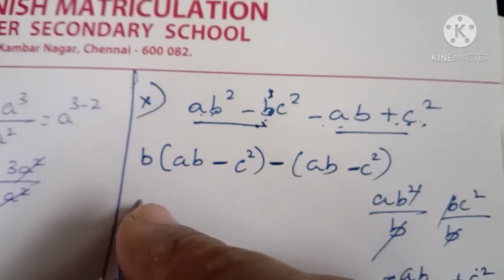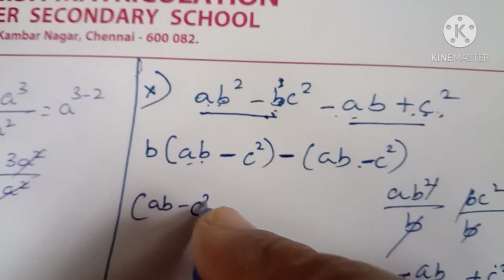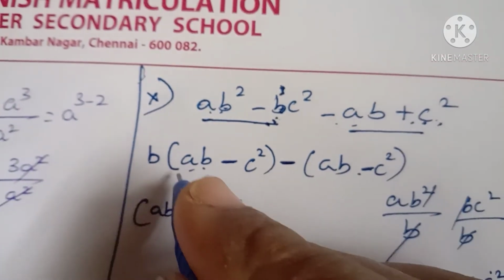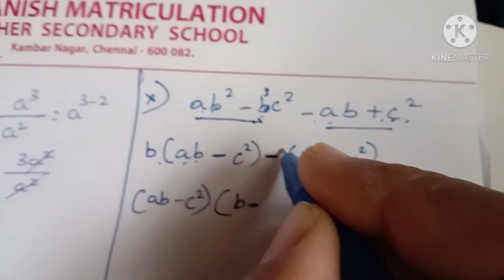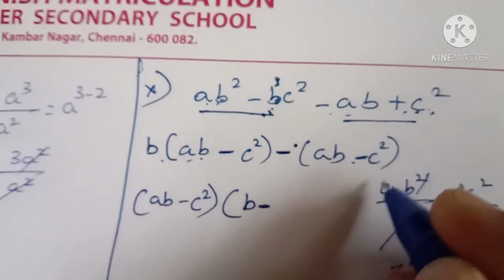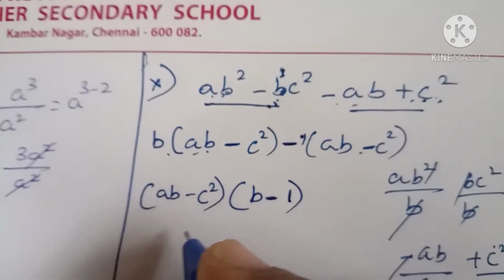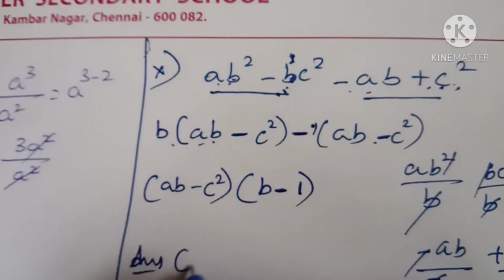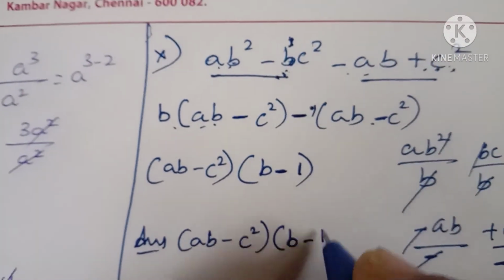Therefore, the common binomial factor is ab minus c square, and the remaining is b minus, if no term is there, you have to assume it as 1. 1 into (ab minus c square). Therefore, b minus 1. Answer is (ab minus c square) into (b minus 1).